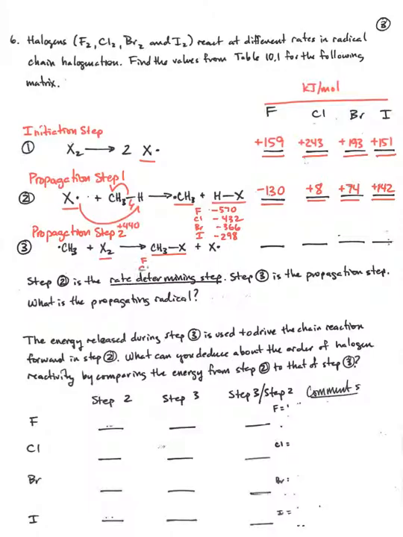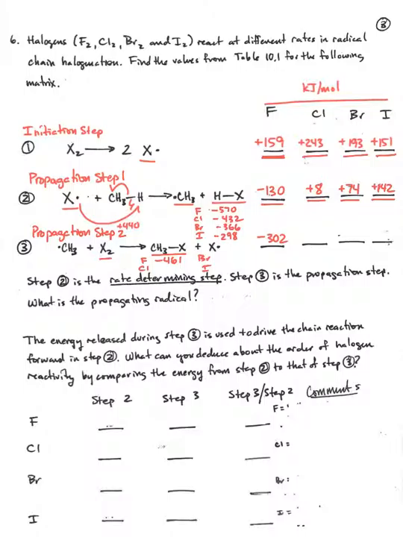So fluorine, chlorine, bromine, iodine. So on our table, we're going to find that a methane fluorine is going to release negative 461. So what we're going to take to get this number is plus 159 minus 461 gives us negative 302 kilojoules per mole.